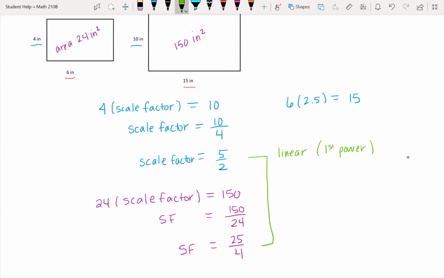And this is squared, or raised to the second power. Because area is taking the length and the width and multiplying them together, that scale factor is being multiplied twice, or being squared. So when I go to a dimension that is squared, I'm going to take the scale factor and square it. If I took 5/2 and squared it, I get 25 over 4.